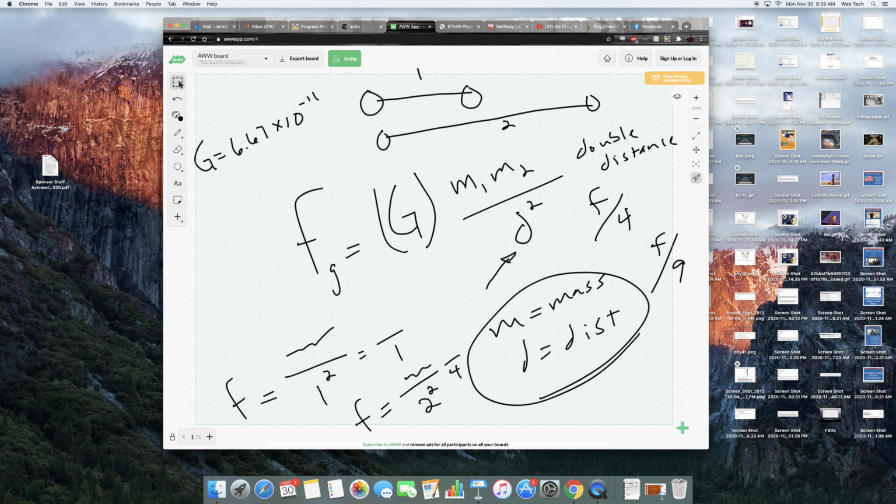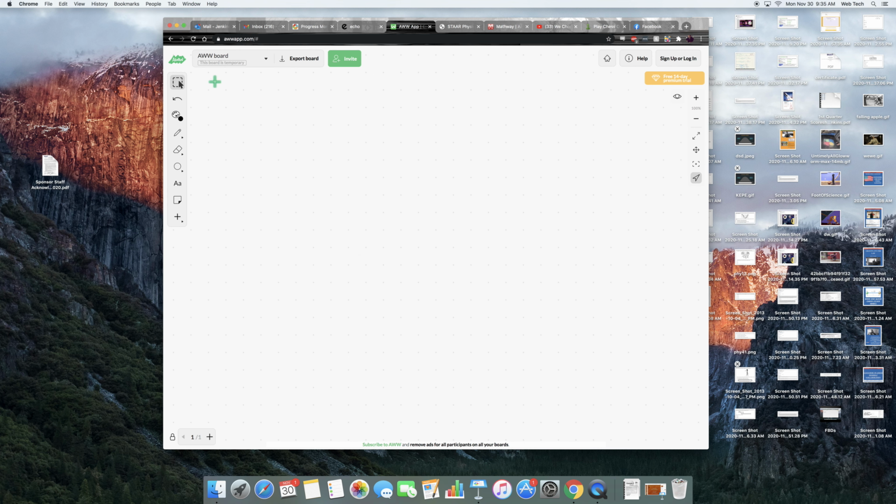That's what I want you guys to get in the habit of. If we're given a problem with these free body diagrams, we have to draw it. We can't just imagine it in our heads. So a free body diagram starts with a box.